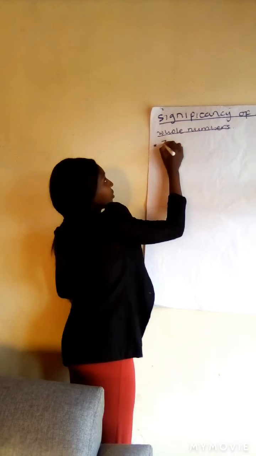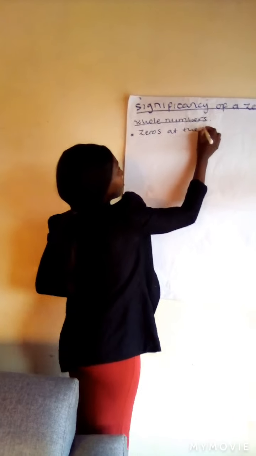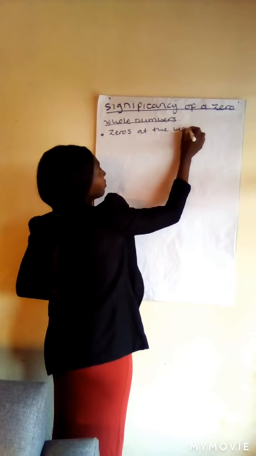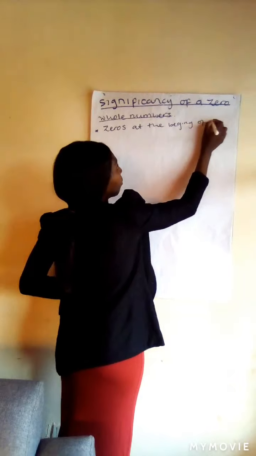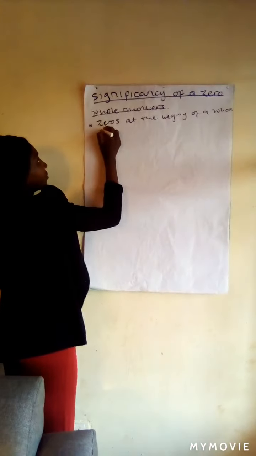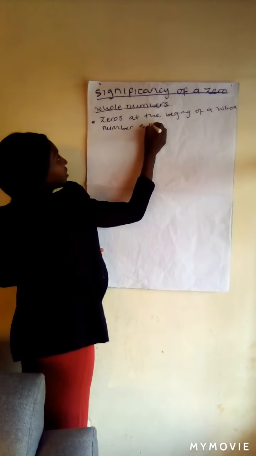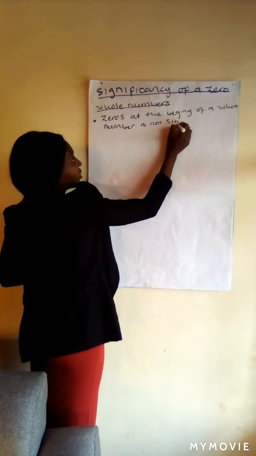So we're saying zeros at the beginning of a whole number are not significant.